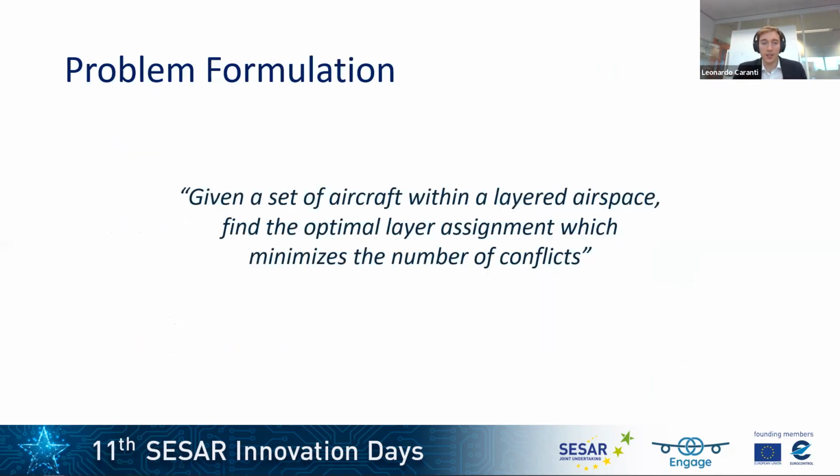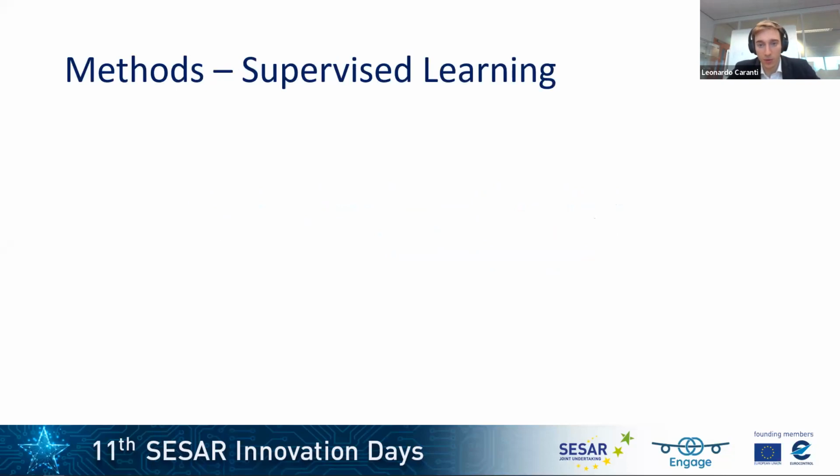Now, this led to the following problem formulation. Given a set of aircraft within a layered airspace, find the optimal layer assignment, which minimizes the number of conflicts. Now, due to the lack of a stochastic process in the formulation of the problem, two supervised learning neural networks were chosen as a method.